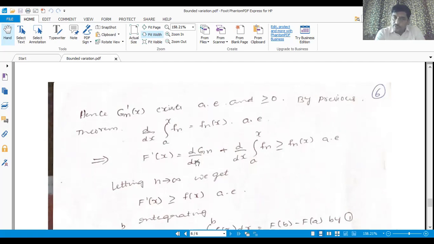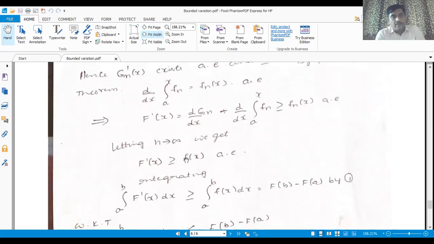If we let n tend to infinity, we get F dash x greater than or equal to f_n(x), which by the convergence property becomes f of x almost everywhere.